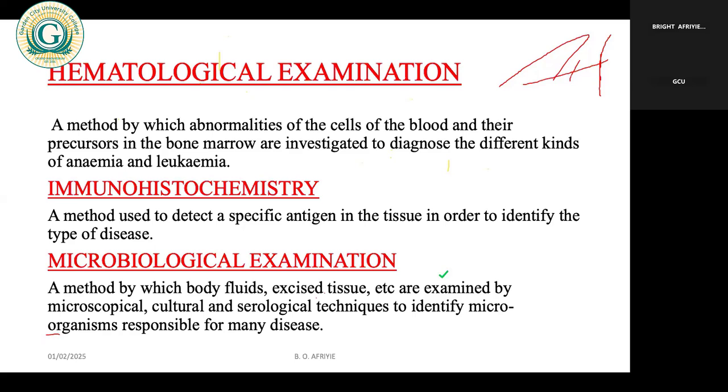When the antibody is able to bind to it, we incubate it in a fluorochrome, that's a fluorescent dye, or even enzymes, and then DAB, so that it gives us a brownish color to tell us that, yes, it is positive, and indeed the antigen for this particular disease is present in the tissue.